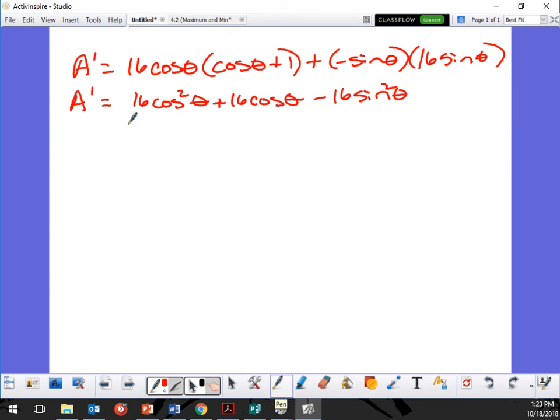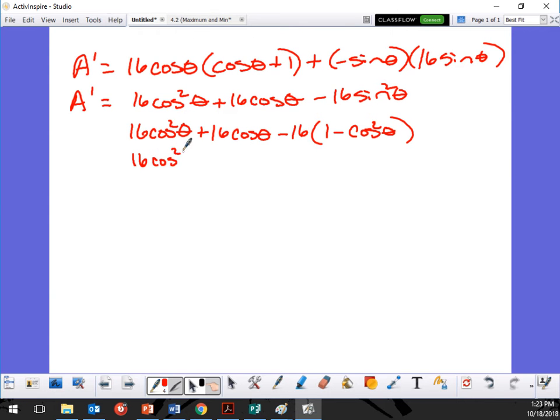So it's going to be 16 cosine squared theta plus 16 cosine theta, and it's going to be minus 16 times the quantity of 1 minus cosine squared theta. Distribute. So it's going to be 16 cosine squared theta plus 16 cosine theta minus 16 plus 16 cosine squared theta.